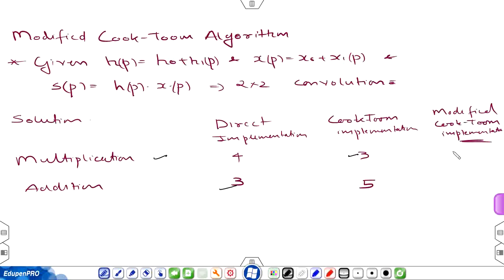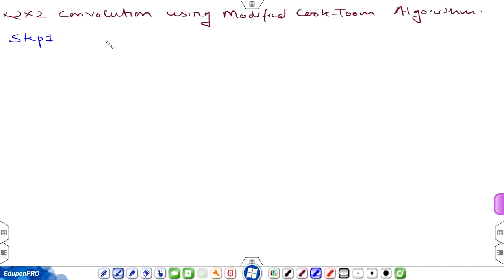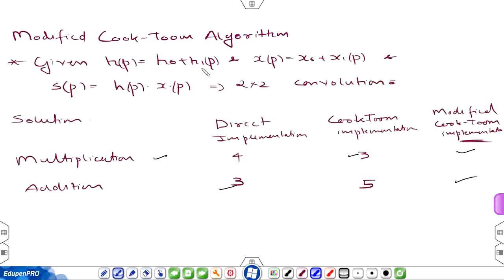Okay, now we will implement it using modified Cook Toom algorithm, and we will see what are the number of multiplication and addition operations required. So step 1 is to choose L plus N minus 2 different real numbers. So L is 2, total number of terms present in H(P), and N is also 2.